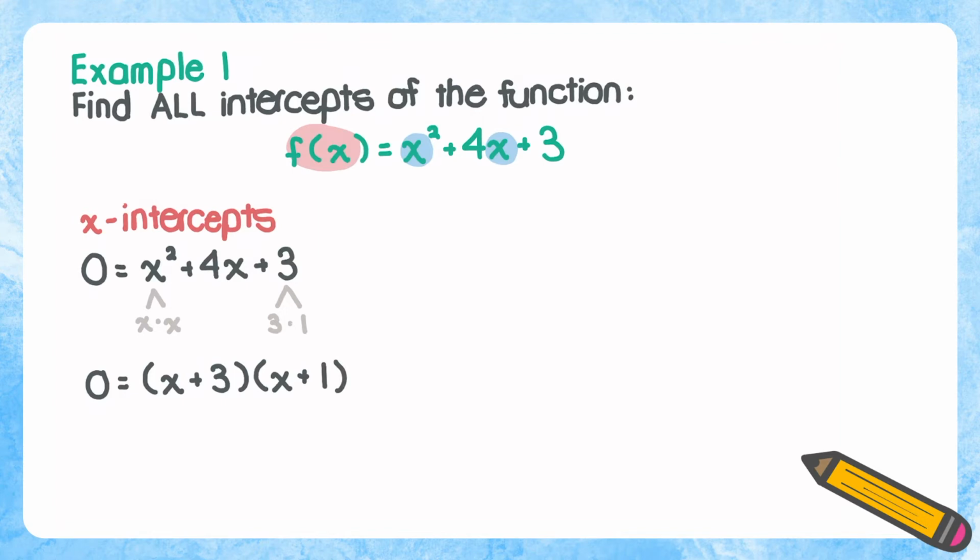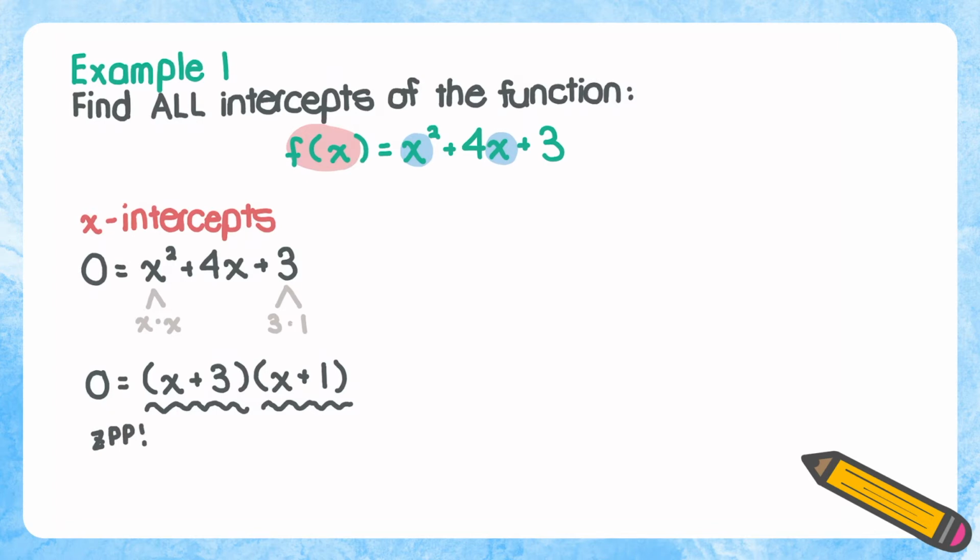And from here, we can use the zero product property. So we're going to use the zero product property to solve for x. Notice we have two options right here. Either x plus 3 equals 0 or x plus 1 equals 0.